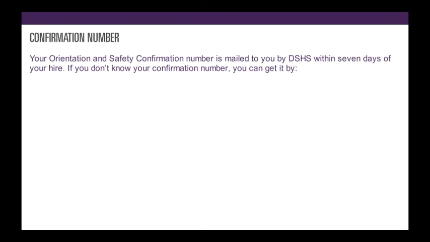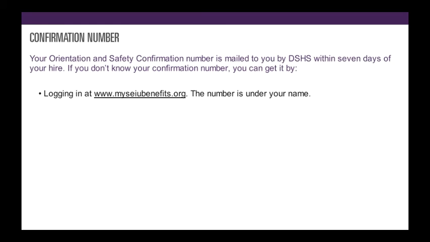Your orientation and safety confirmation number is mailed to you by DSHS within 7 days of your hire. If you don't know your confirmation number, you can get it by logging in at www.myseiubenefits.org. The number is under your name.